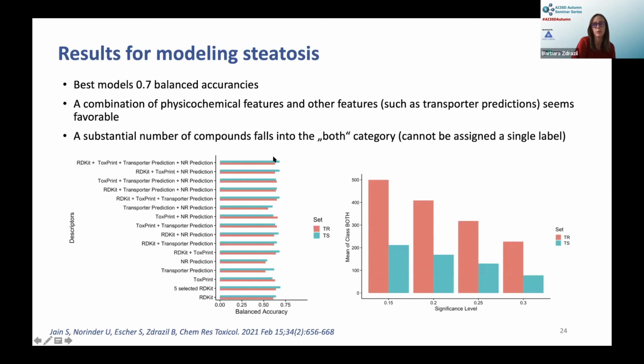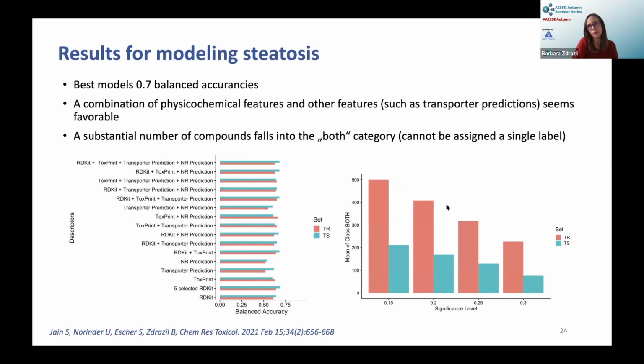It didn't lead to a lot of differences in accuracies. But of course, using only nuclear receptor predictions, for instance, led to a poor model. So in the end, using a combination of physical properties and transporter predictions led to reasonable models.